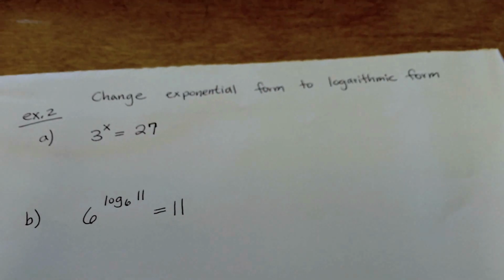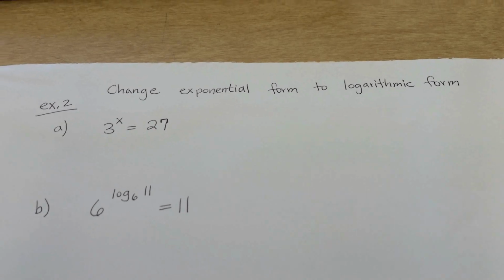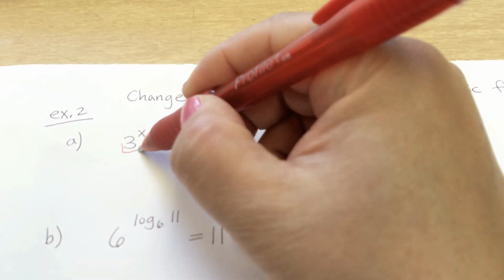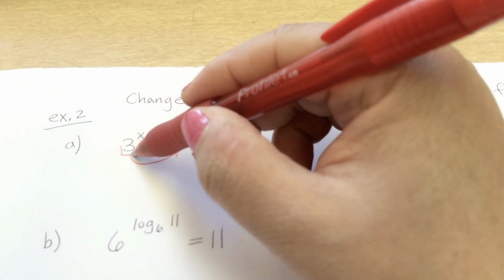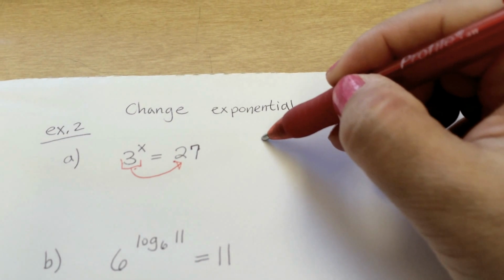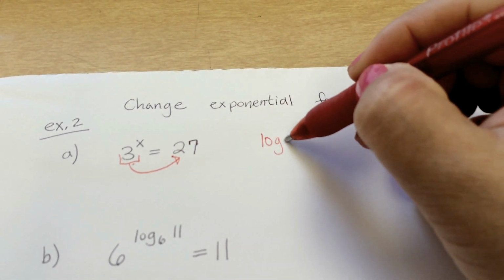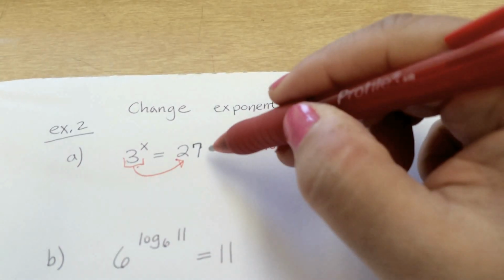So now let's try another example. We're going the other direction. So we're changing now from exponential to logarithmic form. So we're going to take this, the 3, which is the base, and change it over here on the other side. The word log is now going to appear because now we're going into logarithmic form. So I'm going to have log base 3, right? Because this base right here was this base right here.